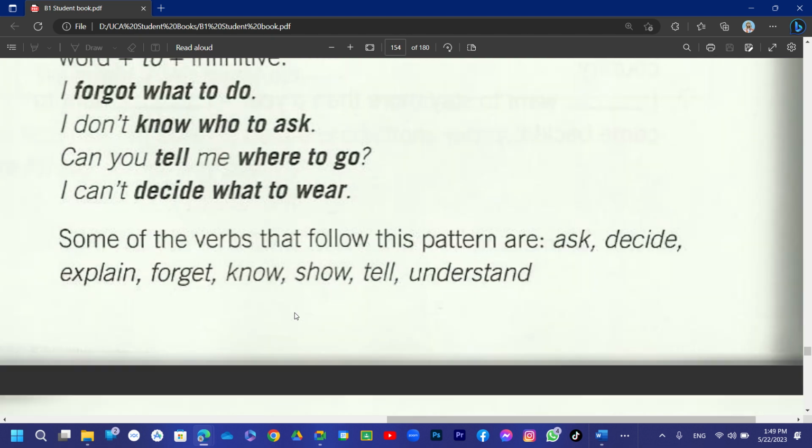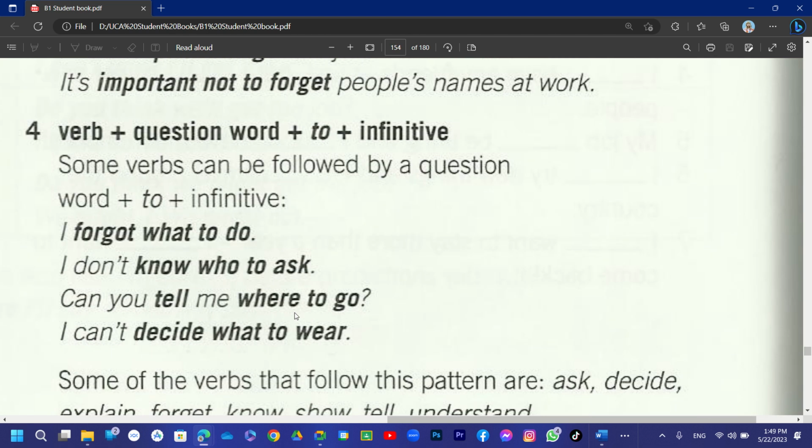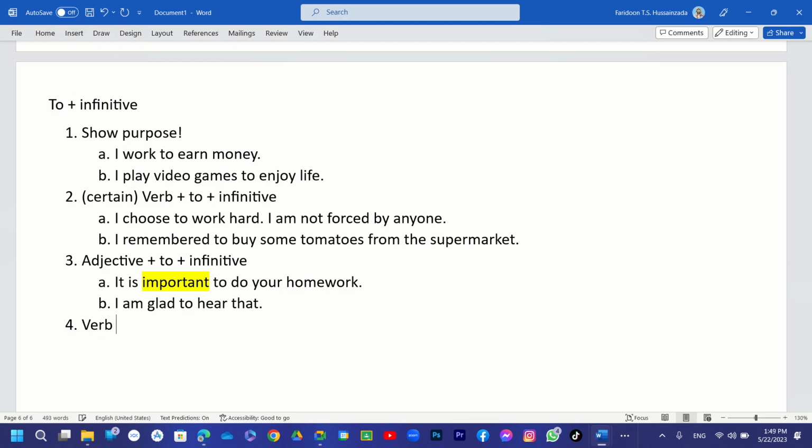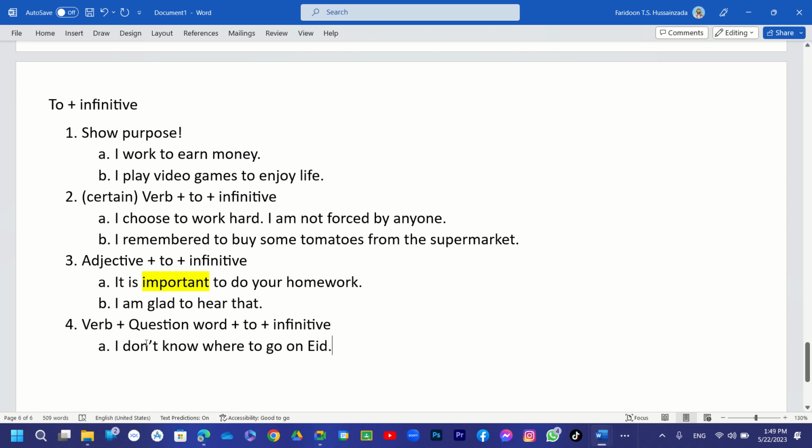And pattern number 4, the last one that we have, is verb plus question word plus to plus infinitive. So let's write it. An example for this can be, I don't know where to go, for example, on Eid or on Nowruz, or holidays.